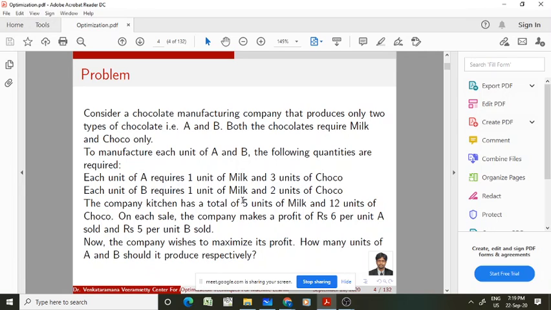The company kitchen has a total of 5 units of milk and 12 units of choco.